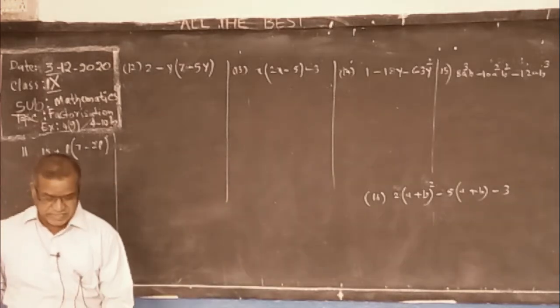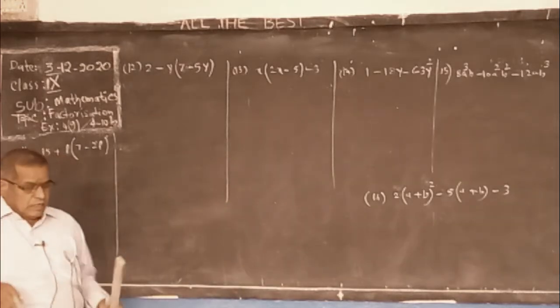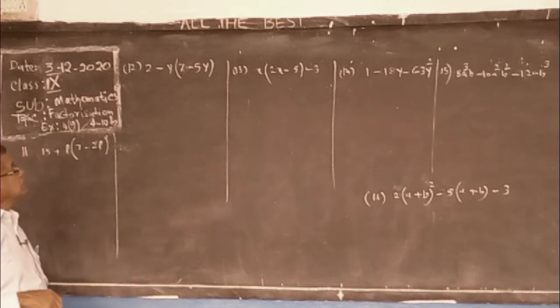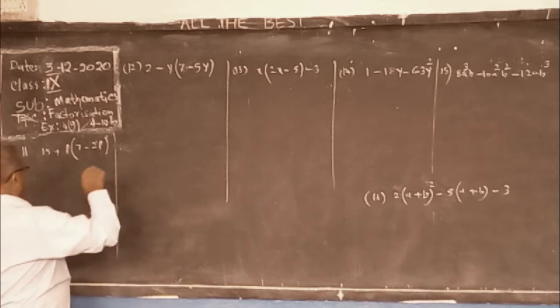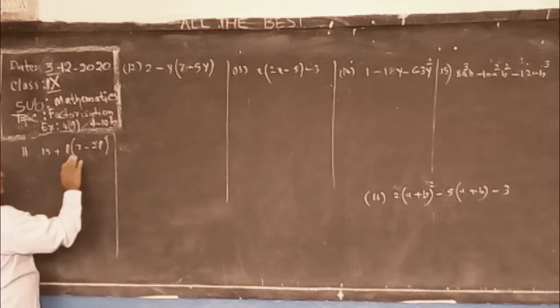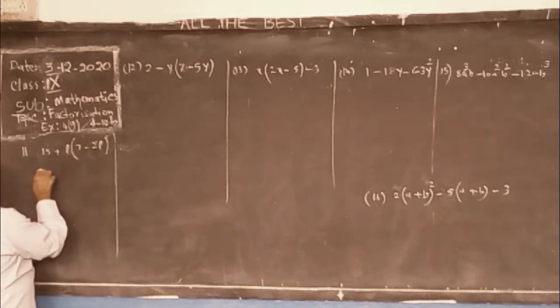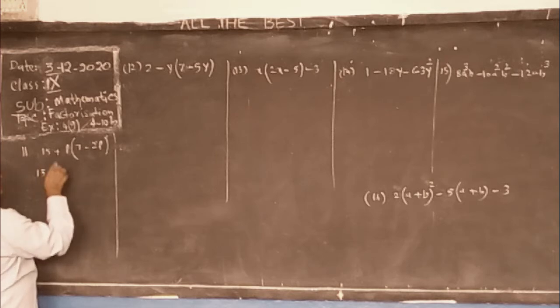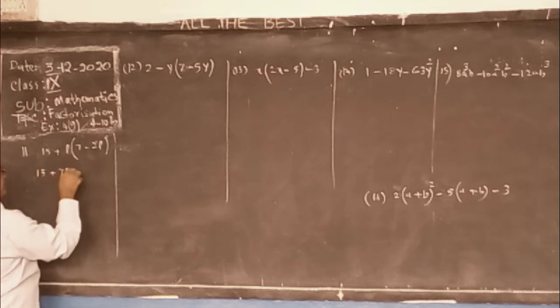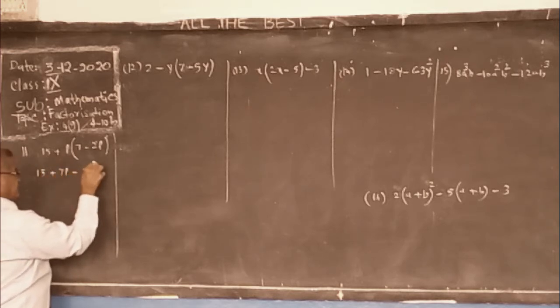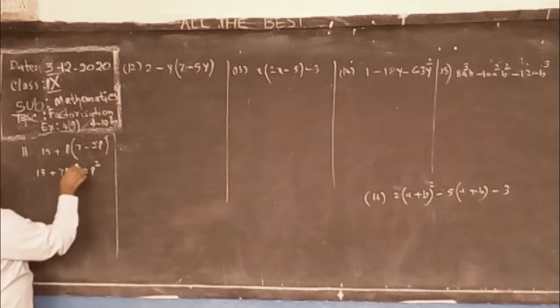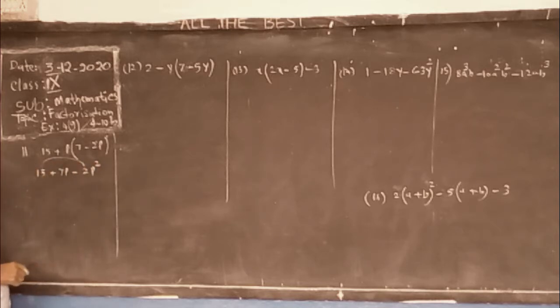We have to factorize. We have to split the middle term. First of all, it is given in product form, so let us simply multiply: 15 plus 7p minus 2p squared. The product is 15 times 2, which is 30. In the middle, 7 is there.